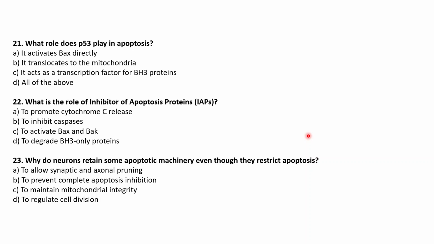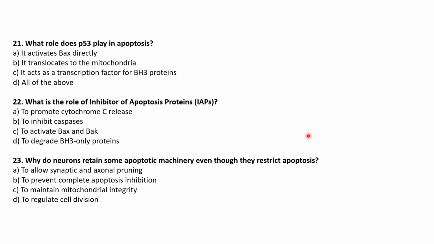So as it was mentioned, neurons are connected to each other, right, at synapses, and they have axons and they have dendrites and so on. So to be able to remodel these interactions, they actually require a lower level of apoptotic machinery to be present there so they can make little changes to the synapses. Okay.